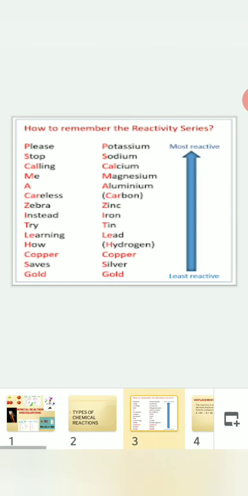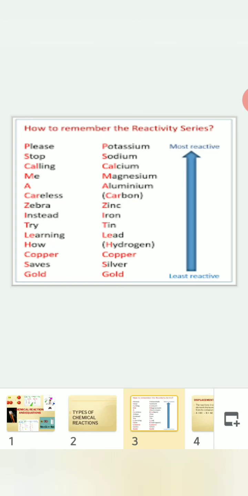To see displacement reaction, you need to learn reactivity series. So you have to take down reactivity series in your fair notebook. Over here, what is this series? This is the arrangement of the metals in the increasing order of their reactivity.